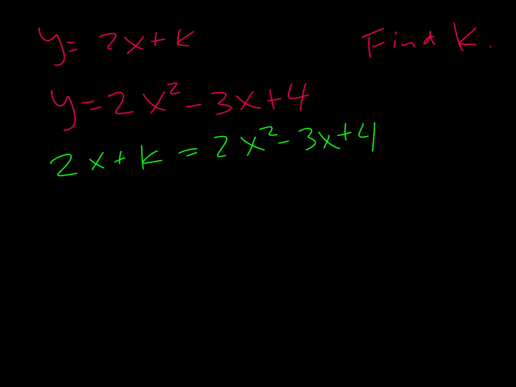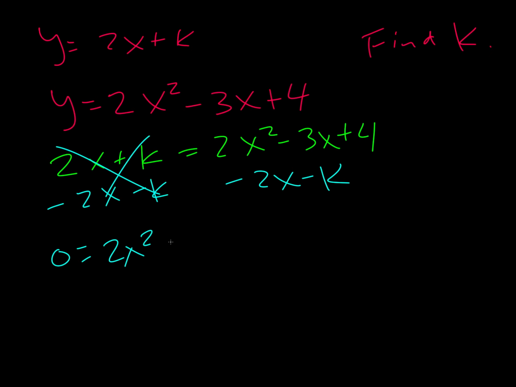Now, we want to get everything onto one side, just like we did before, so I'm going to minus 2x and minus k, minus 2x minus k. These become 0. We get 2x squared minus 5x. And then we're going to think of this like one constant because we're assuming k is a constant. Okay. Now, we want the discriminant, so we're going to go back to that lesson.